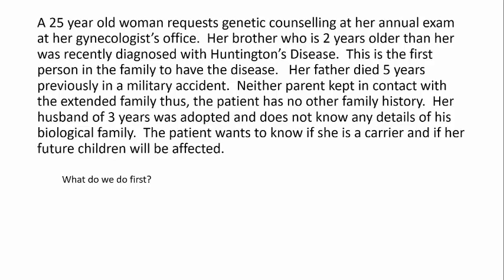Remember, Huntington's is a trinucleotide repeat disease, and the more repeats you have, the more likely you are to develop Huntington's disease. Since her brother, who is 2 years older, has been diagnosed, she has a high chance of carrying the disease, so we would initially always test her.